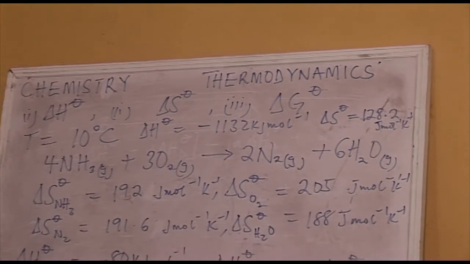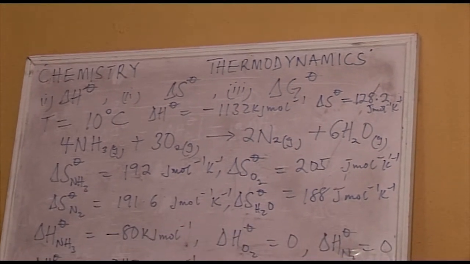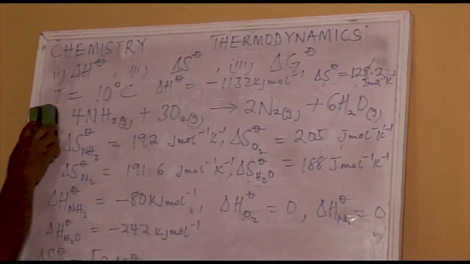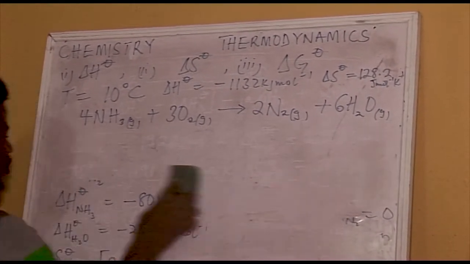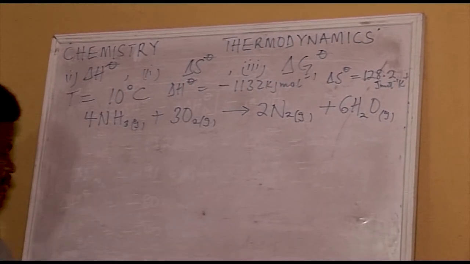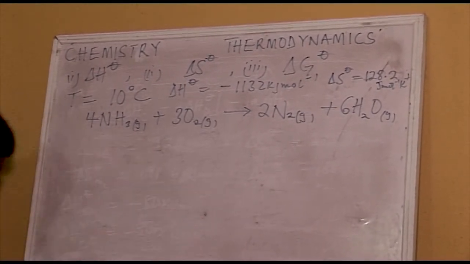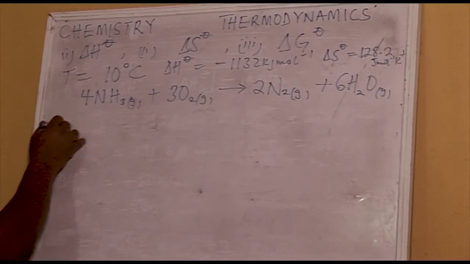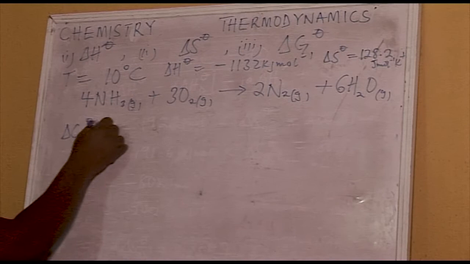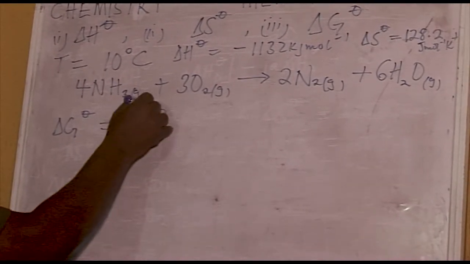The third one we are asked to calculate is the change in Gibbs free energy. But we're not given the individual Gibbs free energy of the components. So we are going to refer to one of the equations we highlighted before, one of the three ways we said Gibbs free energy can be calculated.